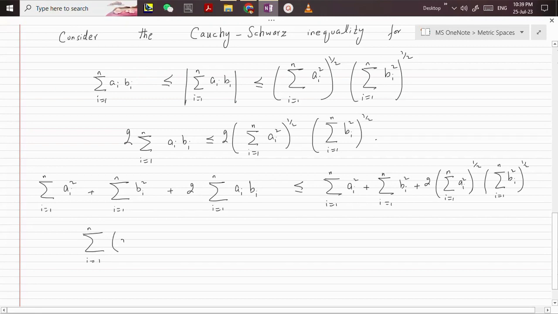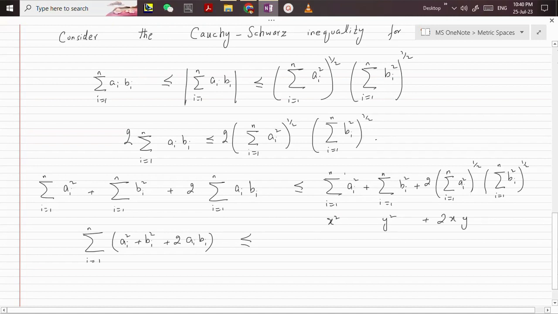In this way we have ai square plus bi square plus 2 ai bi less than or equal to, and what is this? We apply here the formula x square plus y square plus 2xy.